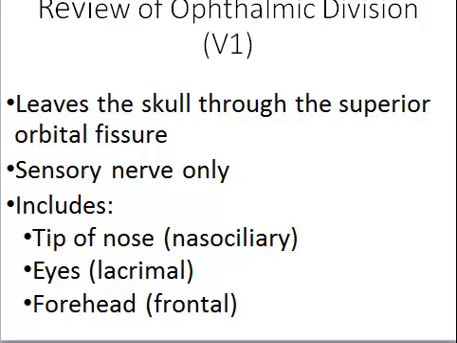So let's review it. Leaves the skull, V1, right? V1, cranial nerve 5, first division, ophthalmic division of the trigeminal nerve, leaves the skull through the superior orbital fissure, sensory only. It includes the nasociliary, the lacrimal, and the frontal branches.